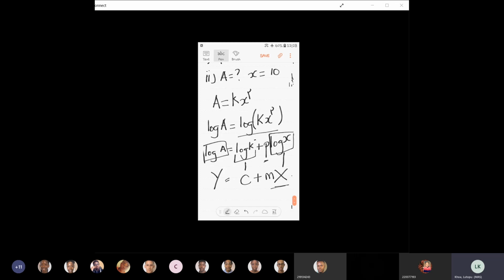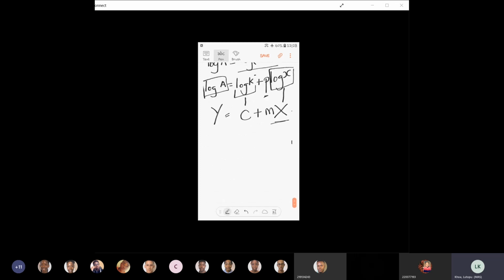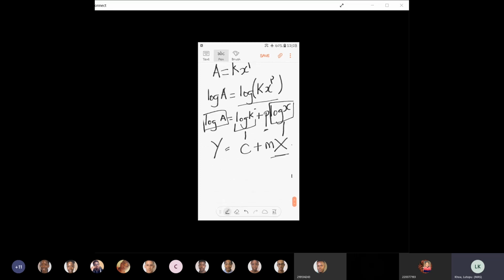So now I see it is linear. It's in the form y is equal to mx plus c. Then I have to work out k and p. I start with the intercept because that is easy to see from the graph. On the graph, my y-intercept is 3, so c is equal to 3.